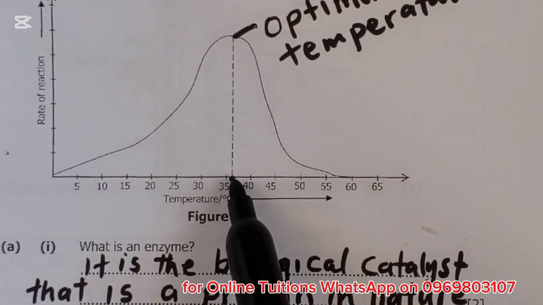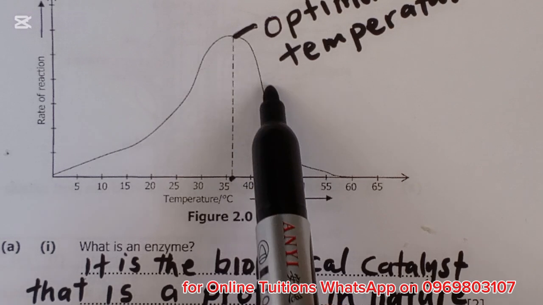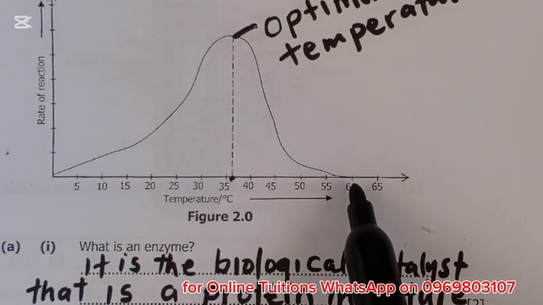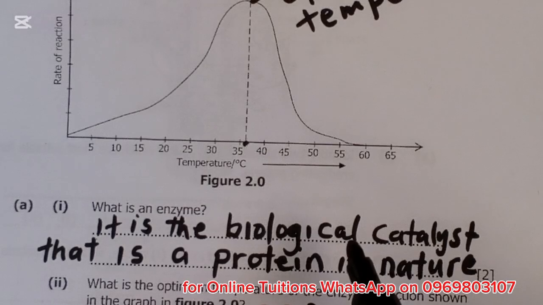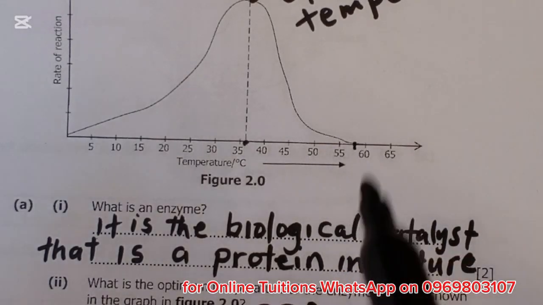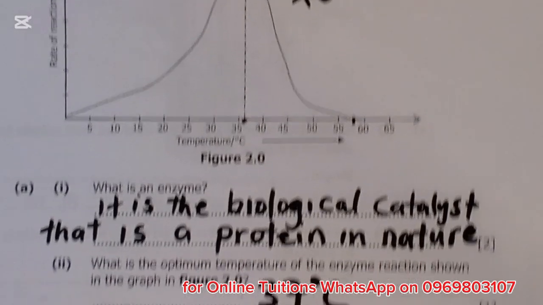Now, just after the optimum temperature, the rate of reaction started to drop until it is completely dropped to zero at 58 or 59. So at 58 here, that is where the rate of reaction is 0. So in this case, the enzyme is completely denatured at 58 degrees.